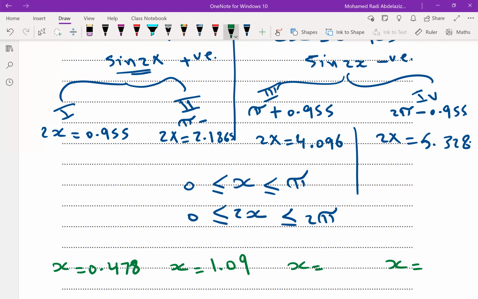Third one: 4.096 divided by 2, so the answer is 2.048. Fourth: 5.328 divided by 2, so the answer is 2.664. So we have 4 solutions.